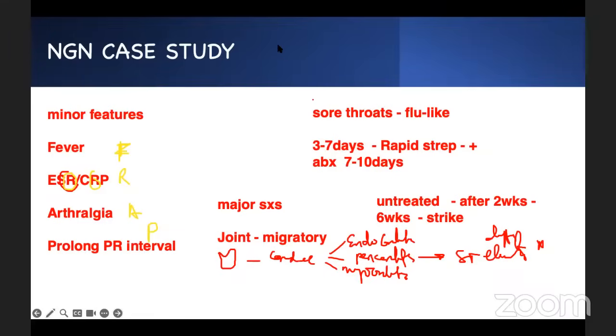So that's the other one. Then we saw the nodules on the skin. In the E, you saw the rash, right? Erythema marginatum, right? That's the description we give. And the S is the snake-like movement, Sydenham chorea.